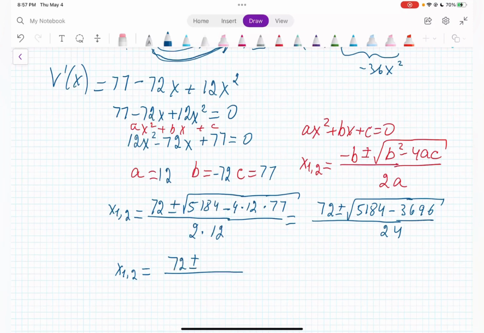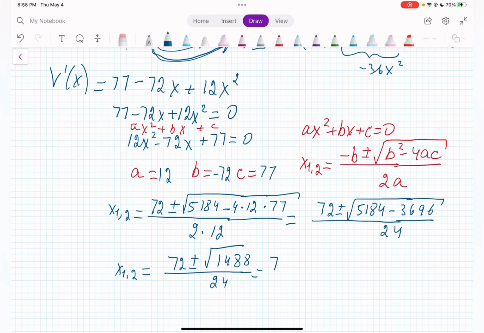72 plus minus the square root of 1,488 divided by 24. Now let me see how much the square root of 1,488 is. I'm assuming it's going to be an approximate decimal value, because I don't think any precise number will come out. Square root of this one, and I get 38.5746.